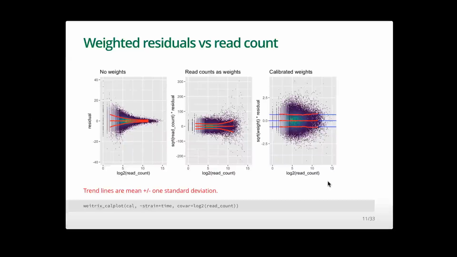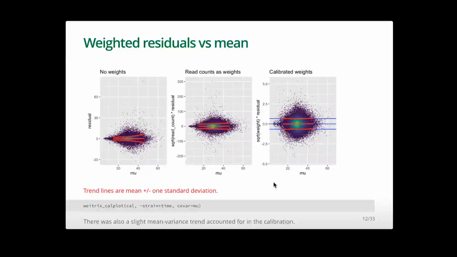My process here would be to plot these weighted residuals against anything I think might be important. So we can also look at weighted residuals versus the mean tail length, and again, there was some trend there. We fit a spline through it, and that seems to have taken care of it fairly nicely.